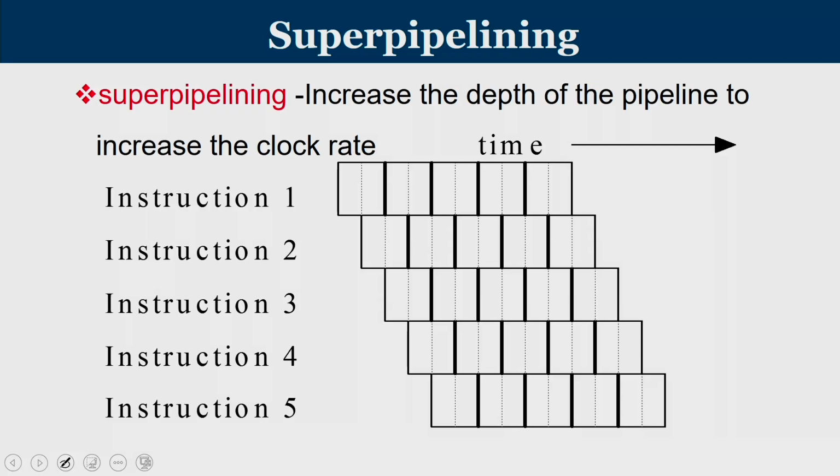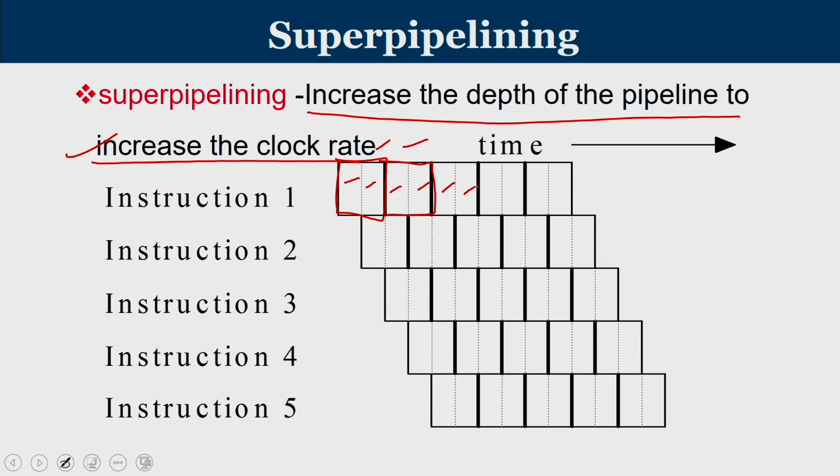First, let me introduce you to super pipelining, where we increase the depth of the pipeline by increasing the clock rate. Imagine the previous scenario which has been shown by a bold arrow. This was the time needed for completing instruction fetch, and this is for instruction decode, that was your cycle. Now, imagine instruction fetch could complete in a little less time, and we divide the pipeline into, let us say, 10 stages.